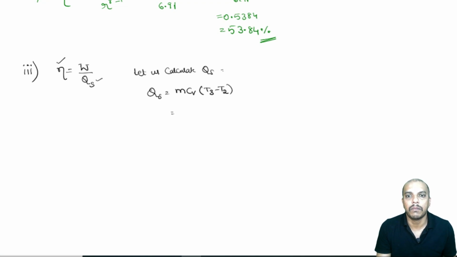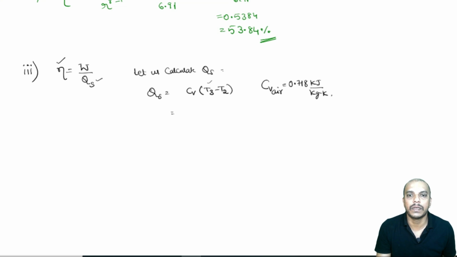So the unit will be per kg. Let us assume that it is simply CV dT, because we cannot calculate M with the given data. Now CV for air is known to us: CV for air is 0.718 kilojoule per kg Kelvin.